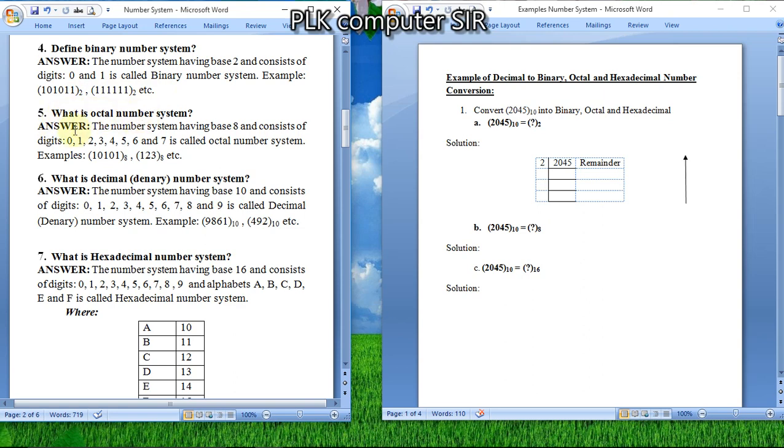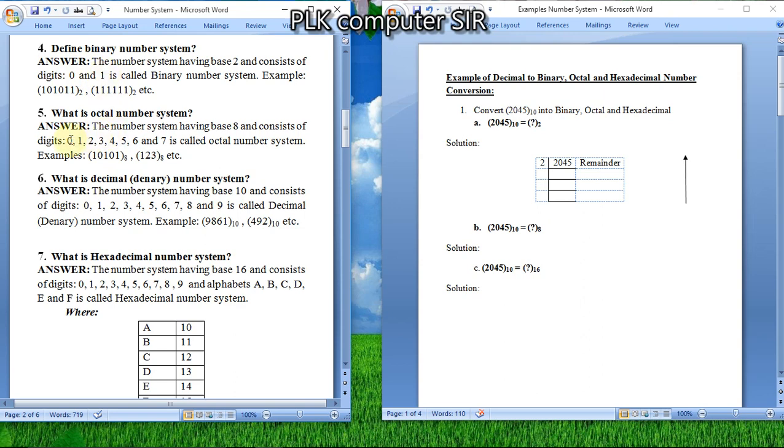What is octal number system? The number system having base 8 and consisting of digits 0, 1, 2, 3, 4, 5, 6 and 7 is called the octal number system. Remember, my dear students, previously also if we count 0, then it will go up to 1 only. If the base is 2, then the number can be maximum 1.